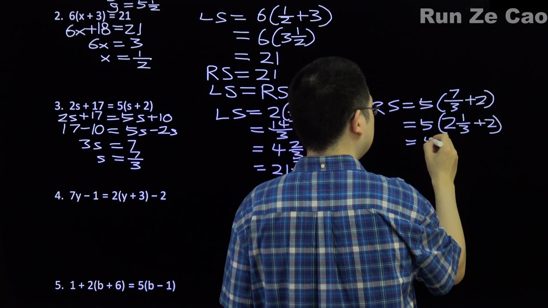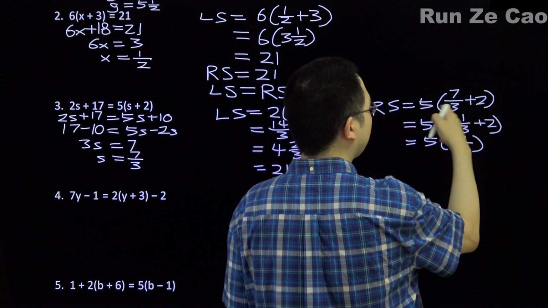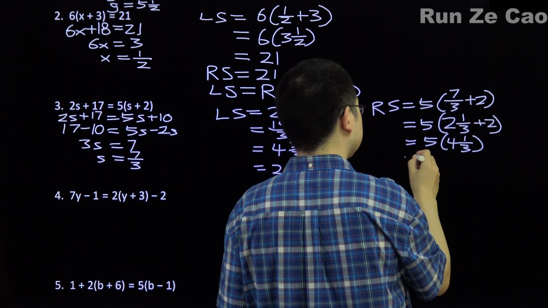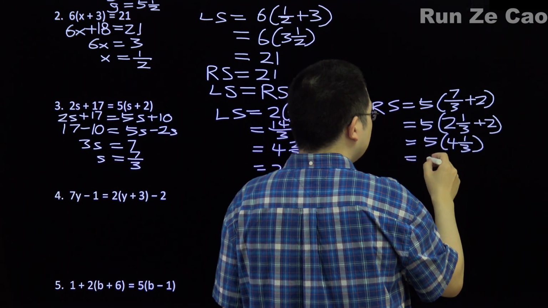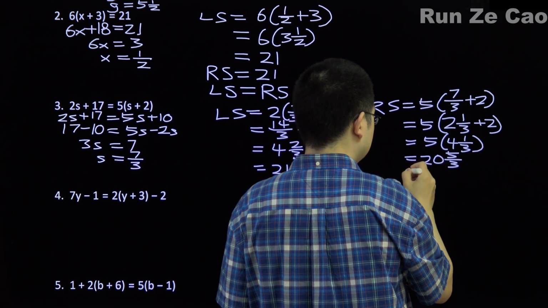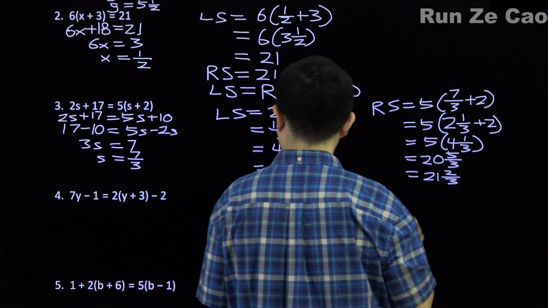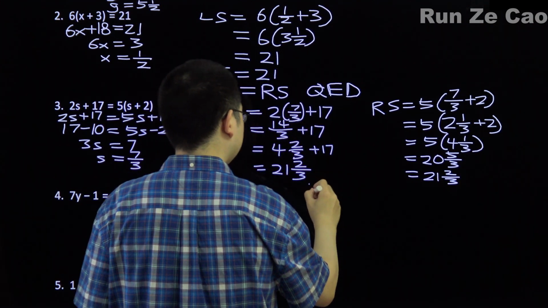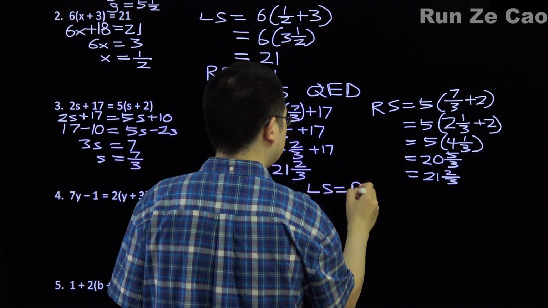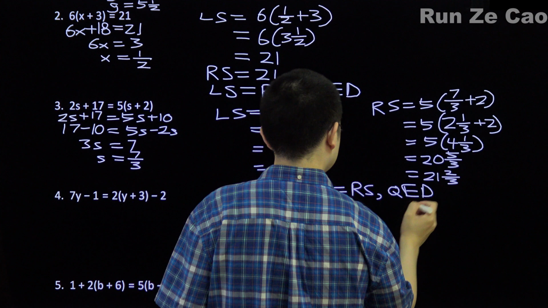So we got 5 times 4 1/3. You could have gone from here straight to here if you liked, but well, whatever. So we end up with 20 5 over 3, which is equal to 21 2/3. So we have left side equals right side, QED.